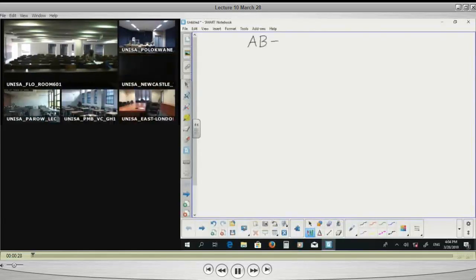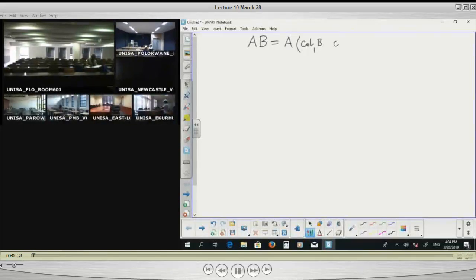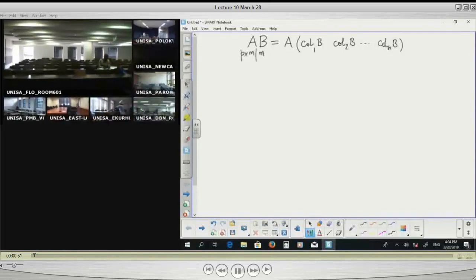Suppose you have two matrices, where B looks like this. This is the first column of B, second column of B, and say nth column of B. Say this is a P by M matrix and this is an M by N matrix.